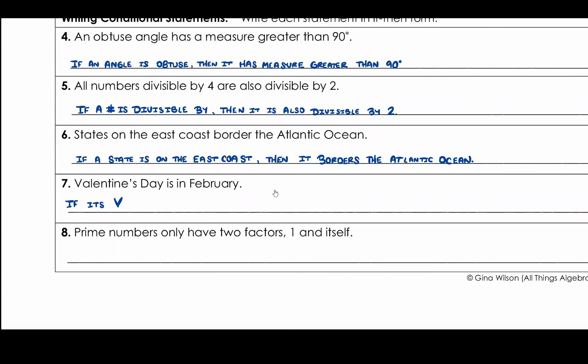If it's Valentine's Day, then it is February. You said if there is Valentine's Day, then it would be February.